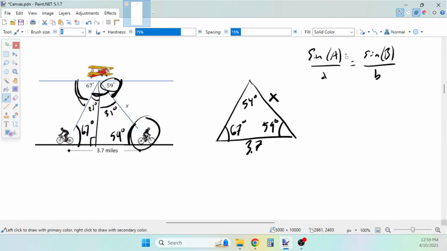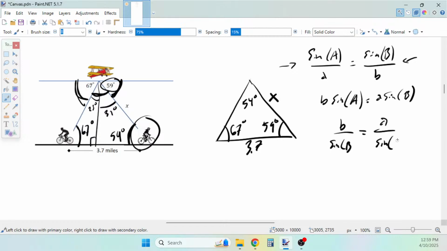I can take this equation, cross multiply, and then divide by the sines on both sides, and I'll get b over sine of b equals a over the sine of a.